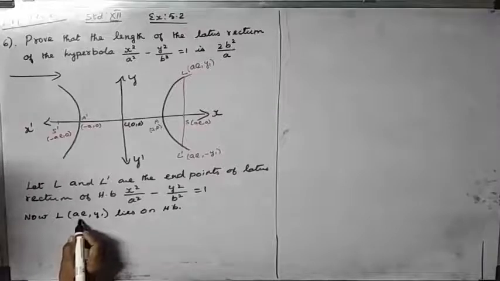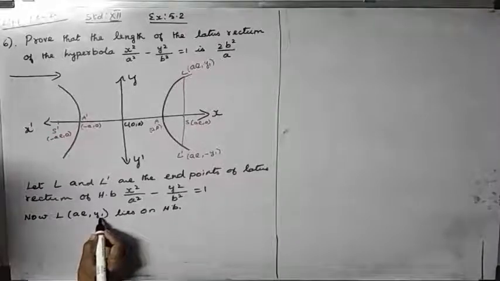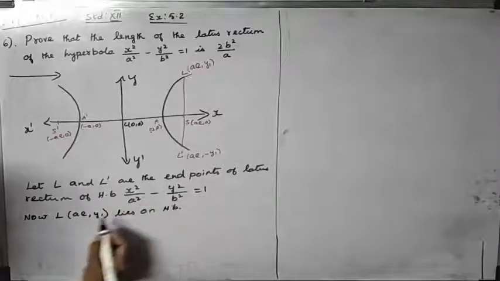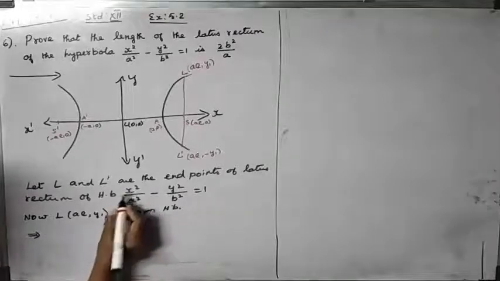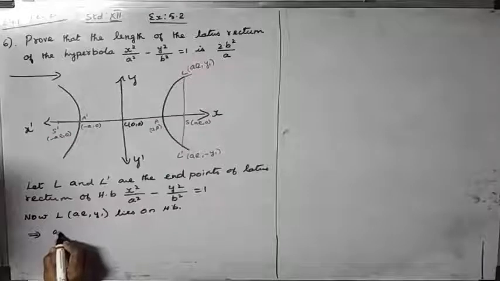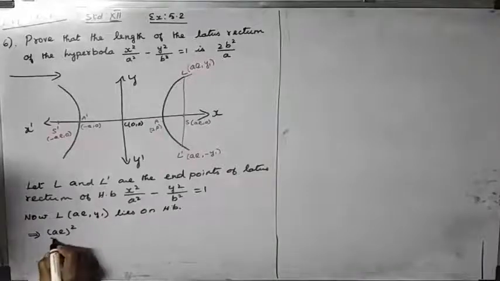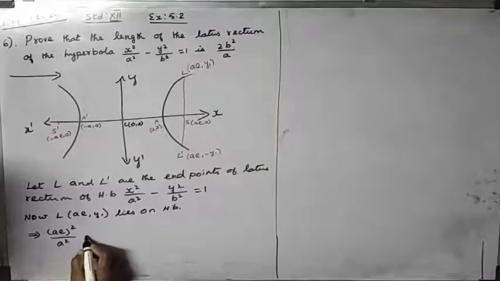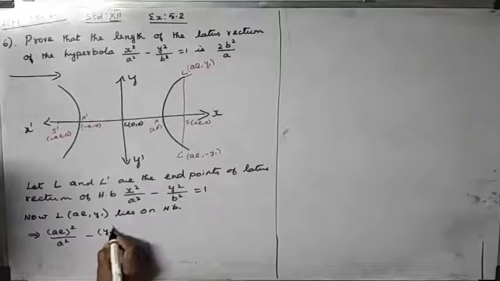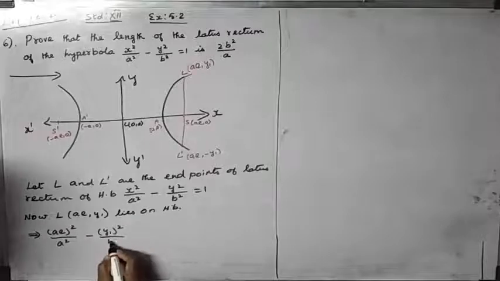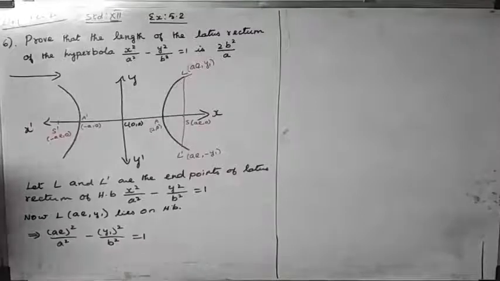Then take this as x and this as y and substitute in this equation. So the equation becomes, instead of x write ae. So (ae) the whole square by a square minus, instead of y write y1, y1 the whole square by b square is equal to 1.